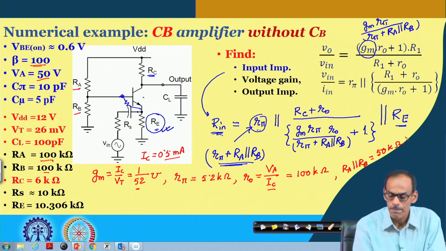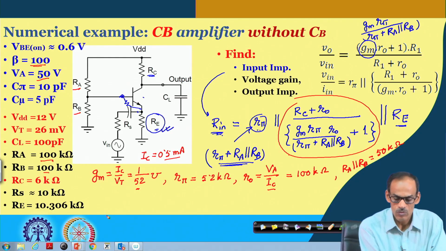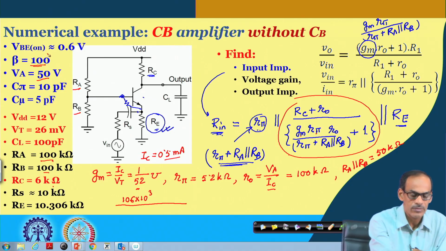Now, if I consider the middle term and see the corresponding numerical value, we have R c equals 6 k, and R naught is 100 k. So in the numerator we have 106 k, 10 to the power 3, and in the denominator we have G m into R pi, which is nothing but beta.